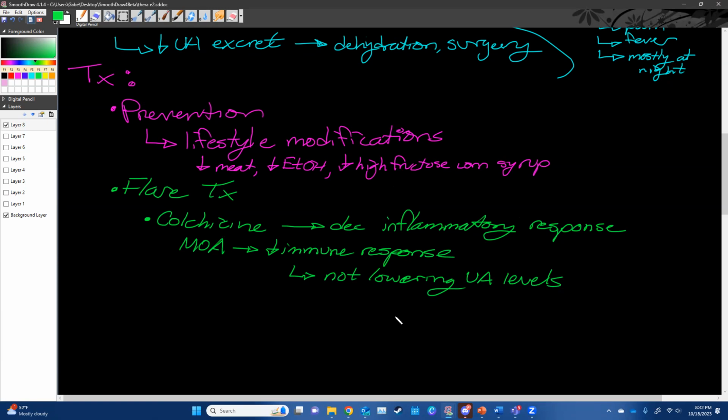So the benefit of colchicine is that you're fighting the pain. When should we start colchicine? As soon as possible. We want to do a loading dose of 1.2 milligrams, then 0.6 milligrams 4 times a day until it's gone.